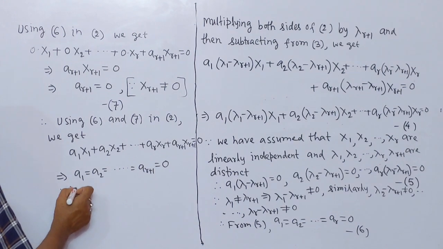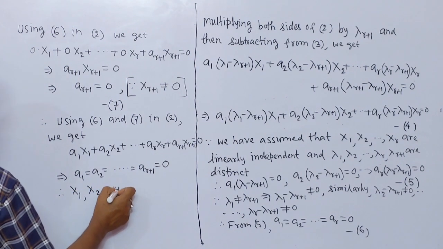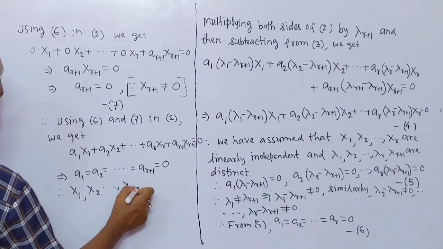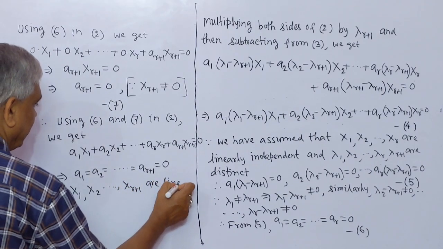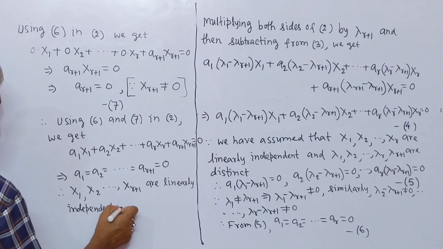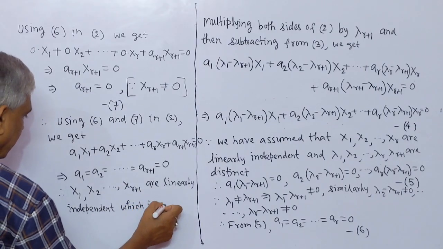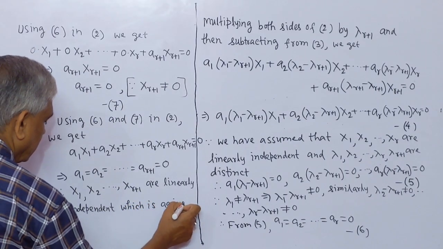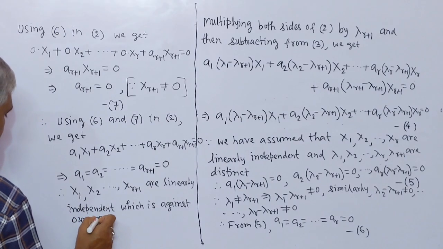Therefore, x1, x2, ..., x(r+1) are linearly independent, which is against our assumption.